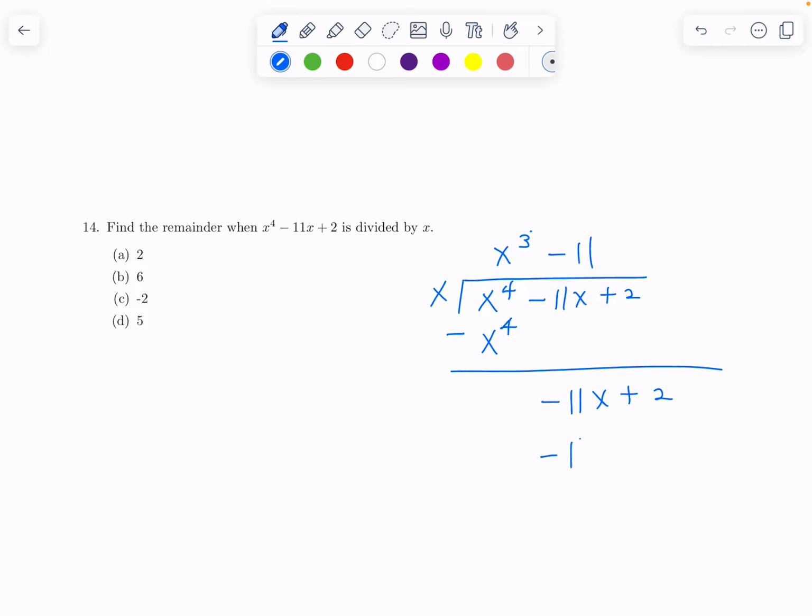So I have negative 11x, and I'm going to subtract. If you subtract negative 11x, this part is going to be 0. Then I bring down my 2. So the remainder there is just 2. So the remainder here is just A, 2. Okay, I hope this helps.